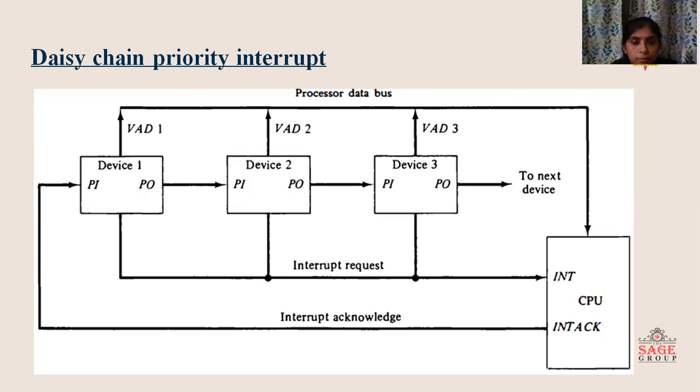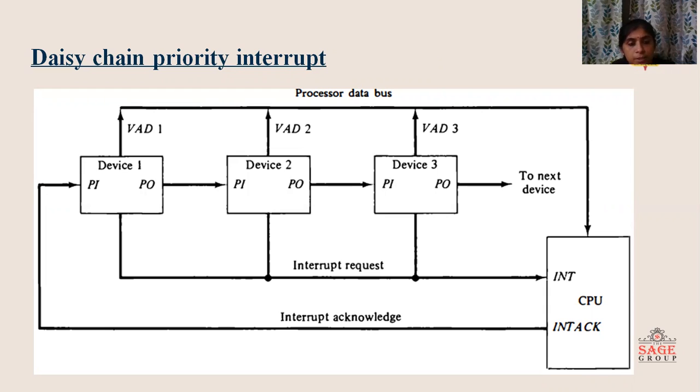Here, all the devices are sending interrupt requests to the CPU using the signal INT. The direction of the interrupt signal is from devices to the CPU, and the direction of interrupt acknowledgement is from the CPU to device 1.